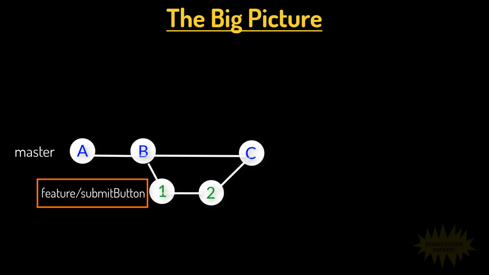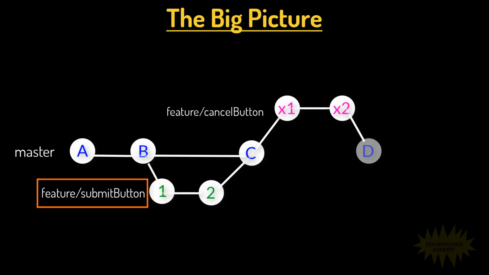From here, the cycle continues. So your team members will use this same process, and that way you can all work together at the same time on the same project without stepping on each other's toes.